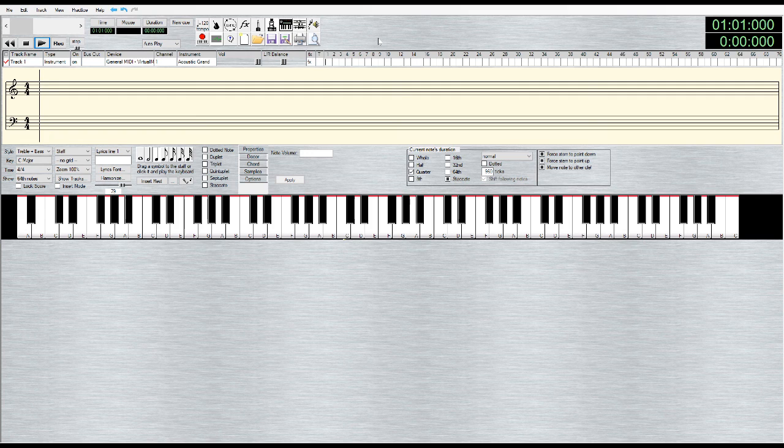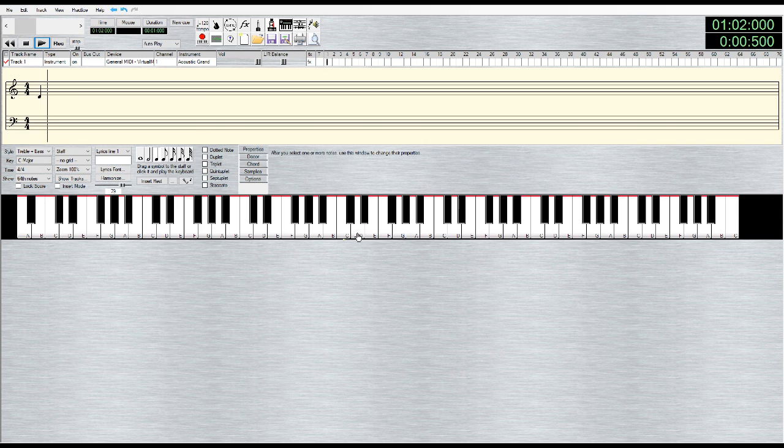Well, first of all, notice something interesting. C and E. There's a note in between them, right? D. Okay. And also, there is another note in between E and G. F. So, we know that C and E aren't right next to each other.